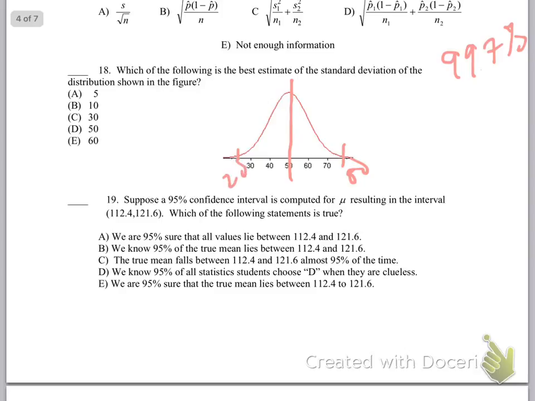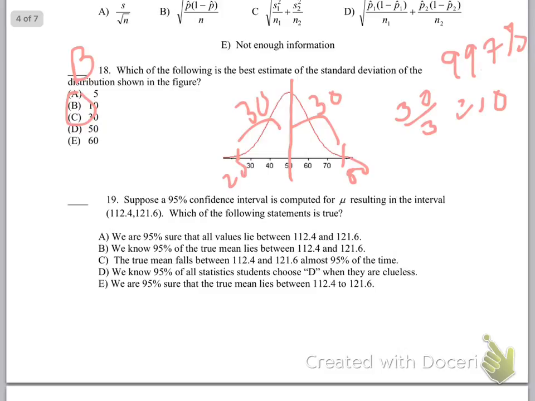And this is 20, right? And do you see that that's 30 each? And so that's 3 standard deviations, so 30 divided by 3 is equal to 10. So roughly each standard deviation is 10, which is B.